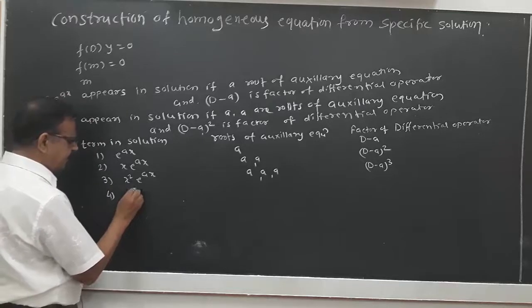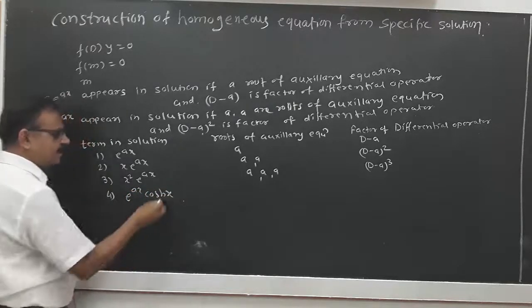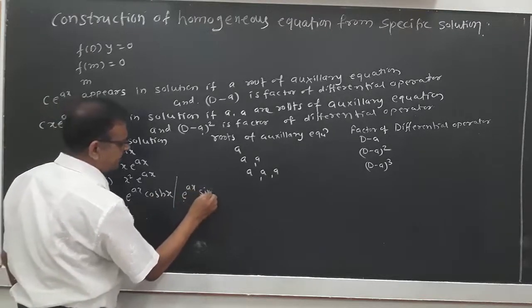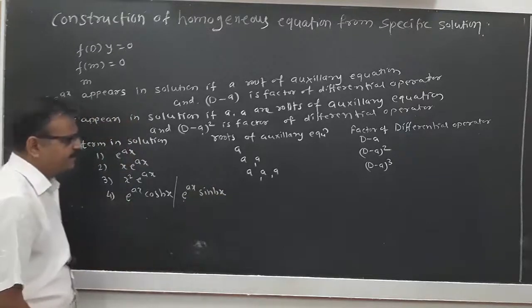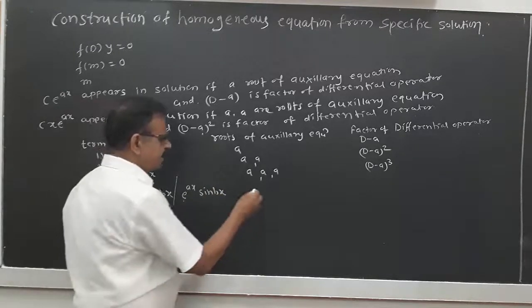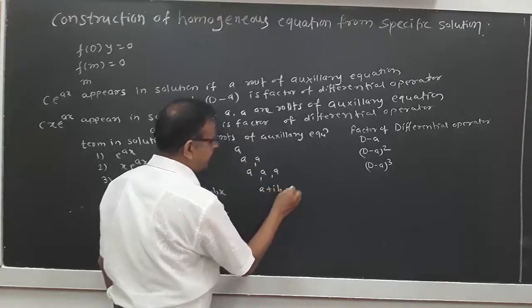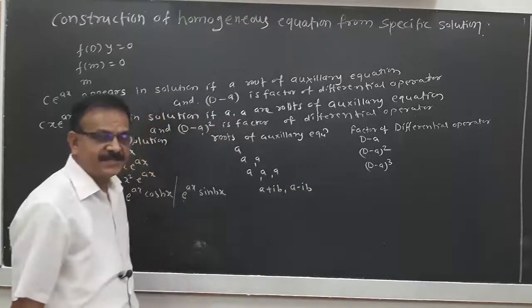Fourth, e raised to ax cos bx and e raised to ax sin bx. These terms appear in the solution if the auxiliary equation has roots a plus ib and a minus ib; both roots occur in conjugate pairs.